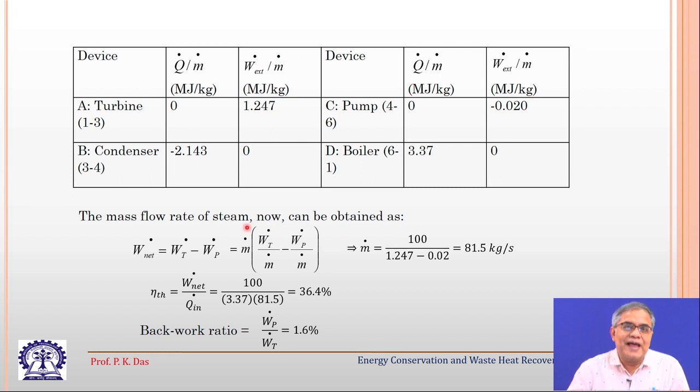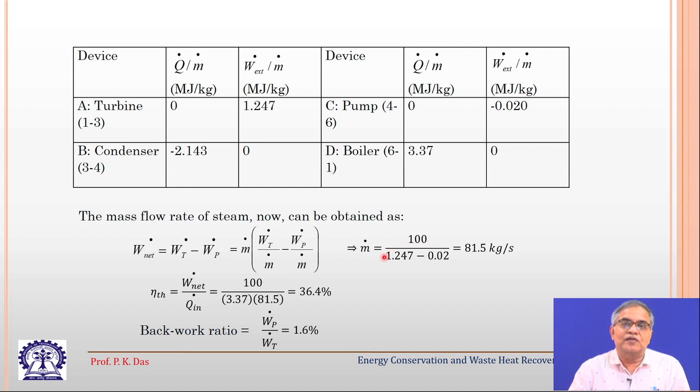Before that, we have to know the mass flow rate. We can do this calculation at the beginning itself, but it is better to have the mass flow rate. So, W net is equal to W dot turbine minus W dot P, that is equal to m dot times W dot turbine divided by m dot minus W dot P divided by m dot, and the work done is 100 megawatt.